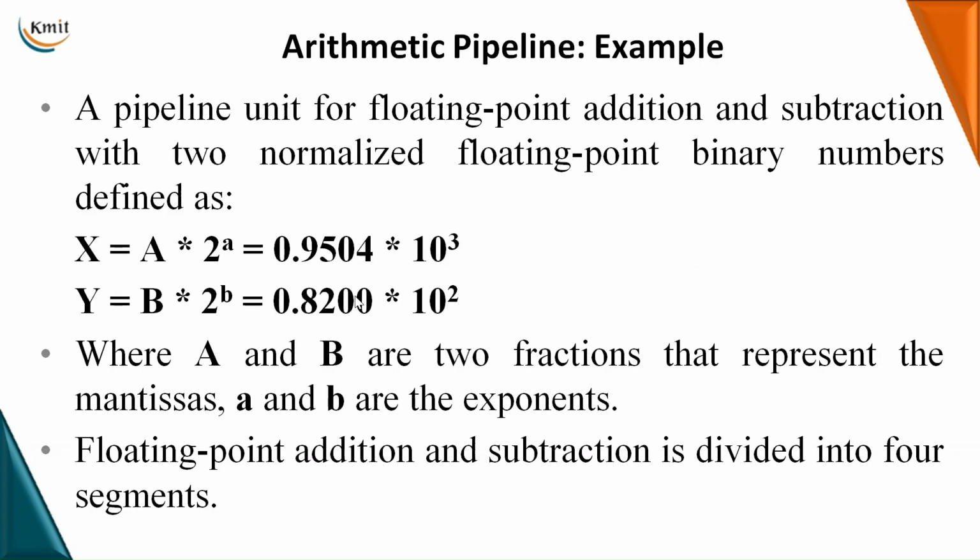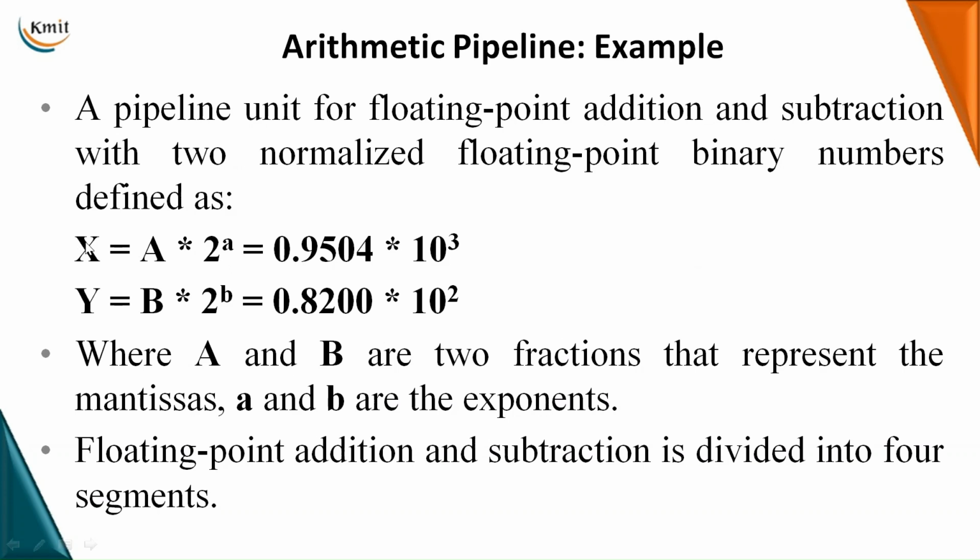Now let us see an example of how this arithmetic pipeline performs addition and subtraction operations on two floating point numbers. We have two floating point numbers on which a floating point addition or subtraction operation has to be performed.